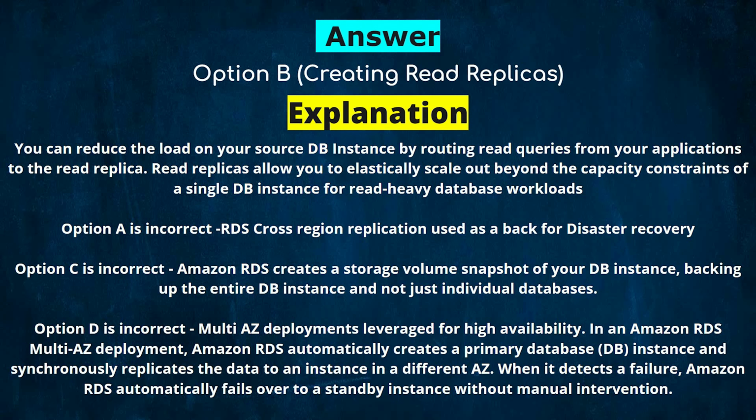Option D is incorrect. Multi-AZ deployments are leveraged for high availability. In an Amazon RDS multi-AZ deployment, Amazon RDS automatically creates a primary database instance and synchronously replicates the data to an instance in a different AZ. When it detects a failure, Amazon RDS automatically fails over to a standby instance without manual intervention.